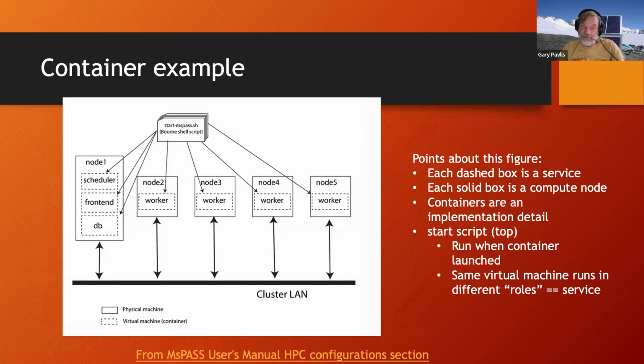This is a specific example of a layout you might choose for how you set up those services. It isn't unique, but it's the way we standardly do it: you put the database, front end, and scheduler services on one node, and the other nodes are workers. That node is kept busy running the database, front end, and scheduler, and you put the other work on the workers.